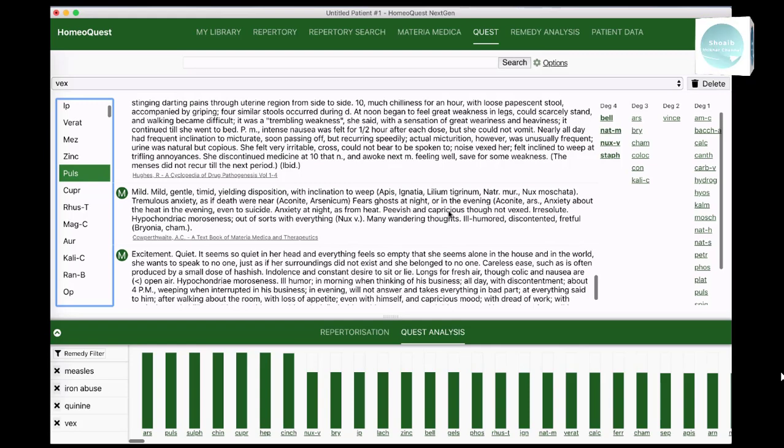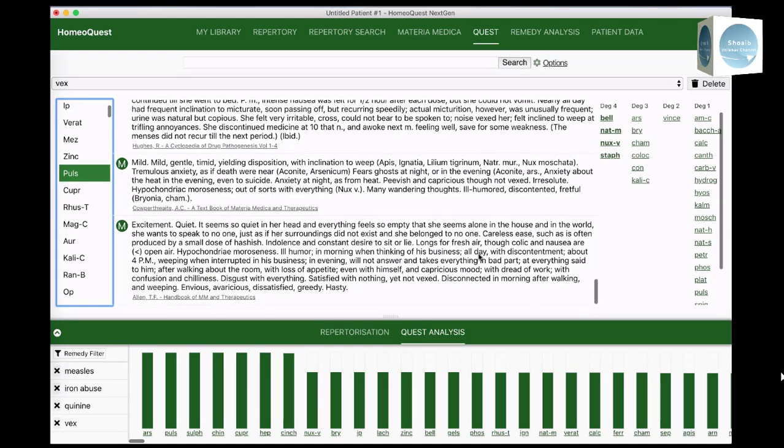Peevish, capricious, though not vexed. This is interesting because there is a lot of peevishness, there is a lot of capriciousness, but she doesn't express the vexation. So there is no expression. There is a lot of dissatisfaction, but it's never coming out.